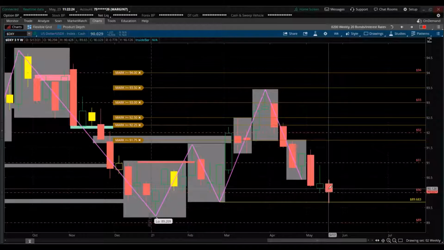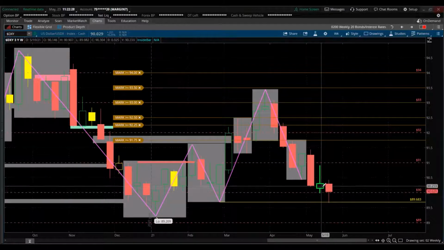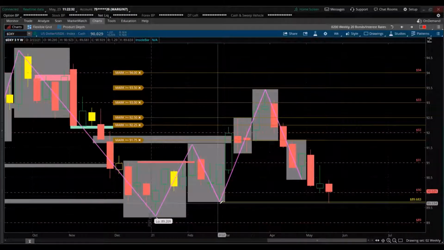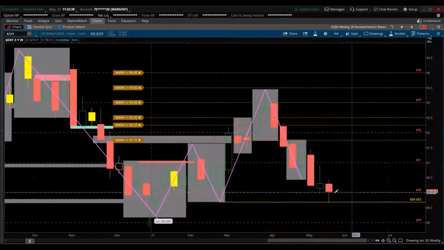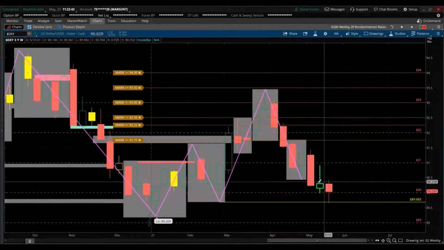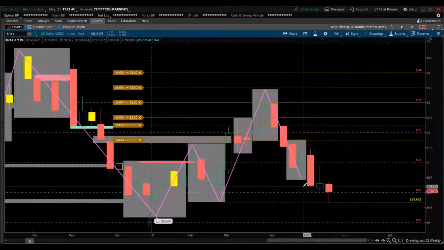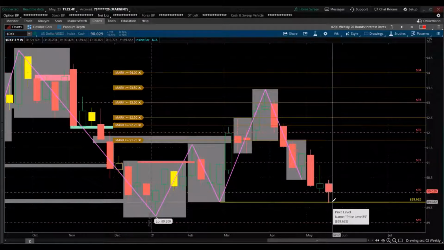This red candle for the week made a lower low, lower high, closed below the body of the prior week. This yellow horizontal line is a swing low. We tested it, rejected it, closed above it, closed around that big round number, $90. If you're a technical analyst, you might consider this a potential reversal.